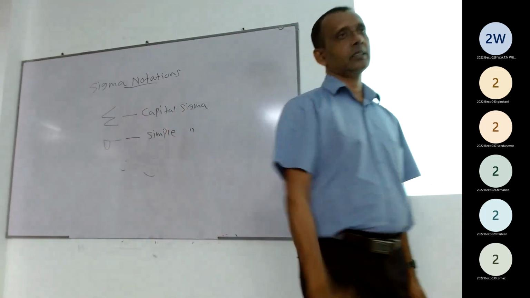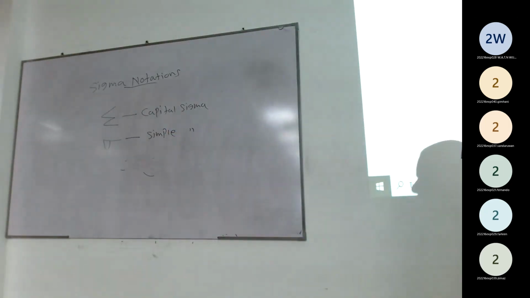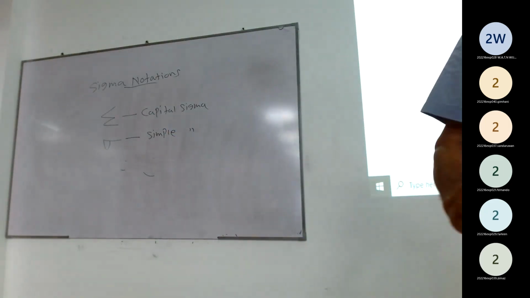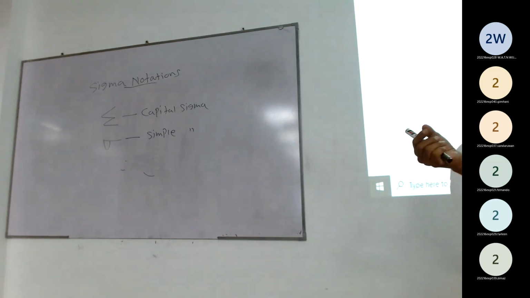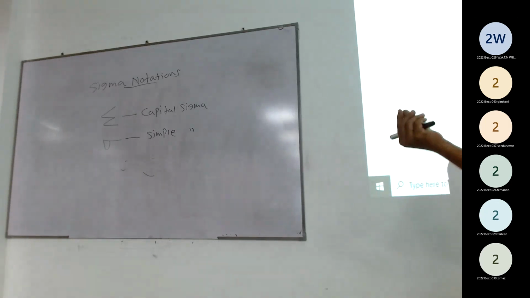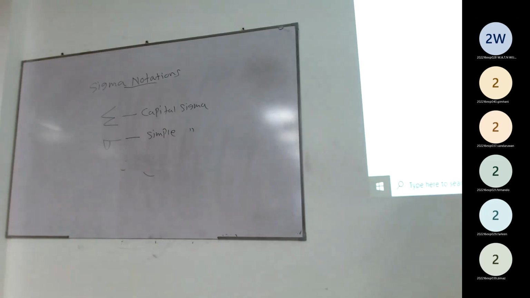Now we write down like this. Sigma symbols can be classified as capital sigma and simple sigma.